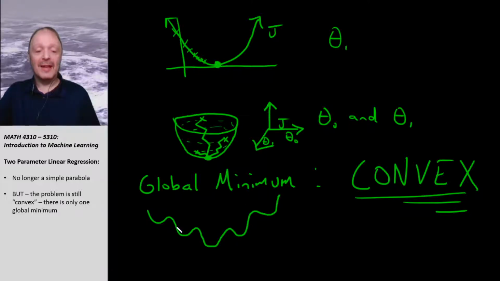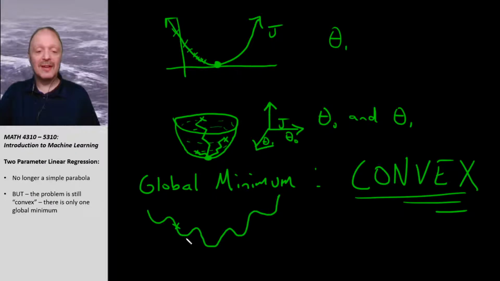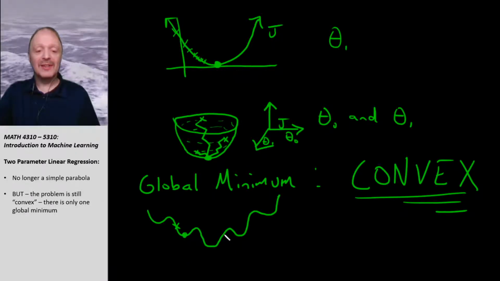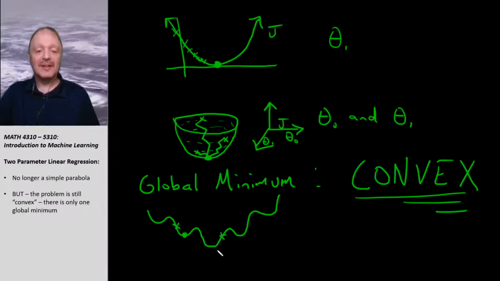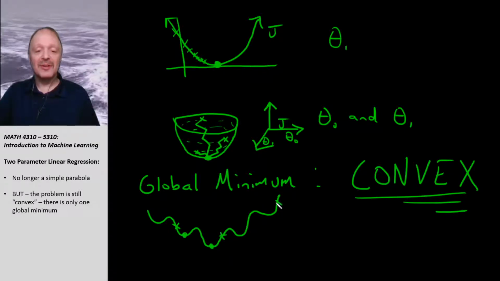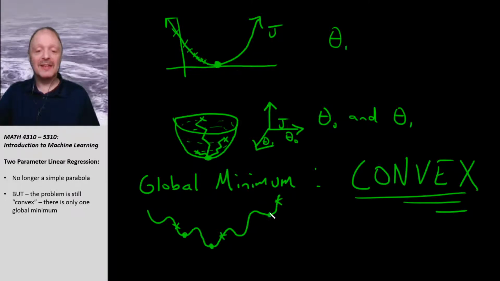Now, if I start right here, I wind up here and I think I'm done. If I start right here, I wind up down here and I'm done. Start up here though, I wind up right here and I think I'm done.